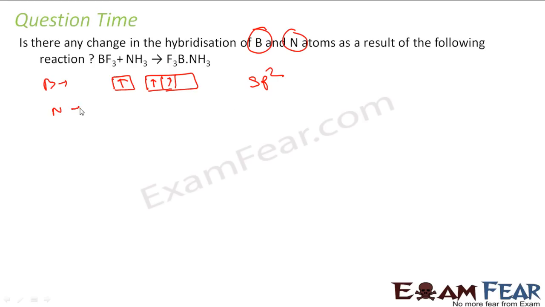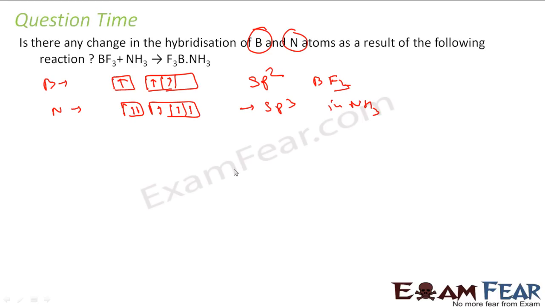We talk about nitrogen, it is in this shape, right? All these 3 are filled, so it goes for sp3 hybridization, nitrogen generally in NH3, and BF3 goes for sp2 hybridization.